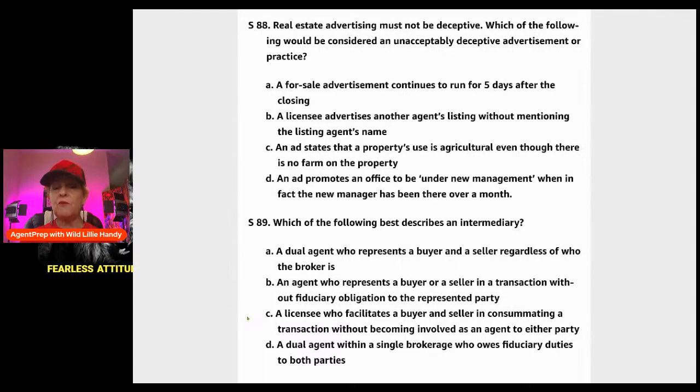C, a licensee who facilitates a buyer and seller in consummating a transaction without becoming involved as an agent to either party. D, a dual agent with a single brokerage who owes fiduciary duties to both parties. Which of the following best describes an intermediary? So this is a Texas question.